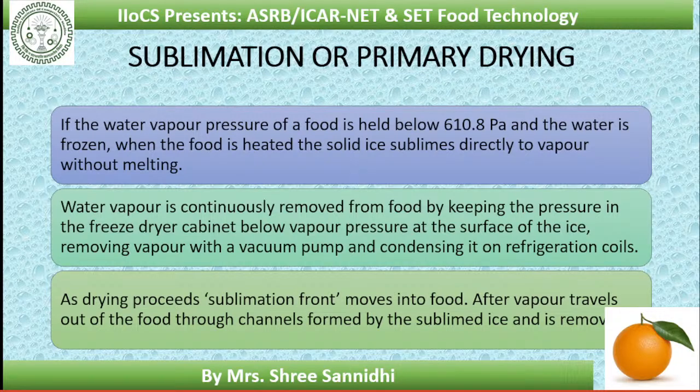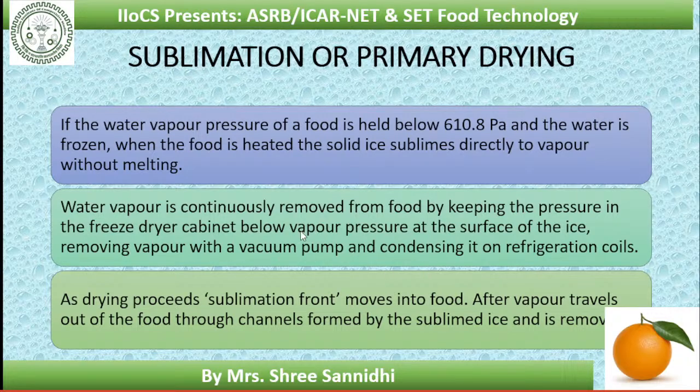Water vapor is continuously removed from food by keeping the pressure in the freeze dryer cabinet below vapor pressure at the surface of the ice, removing vapor with a vacuum pump and condensing it on refrigeration coils. So I have explained this before also.